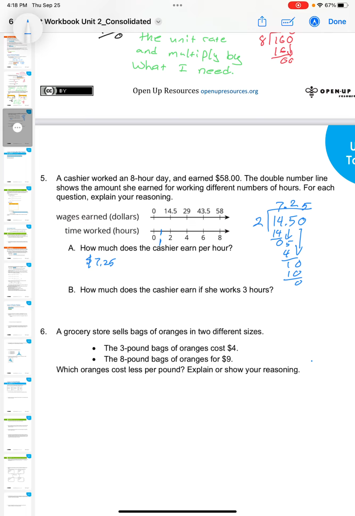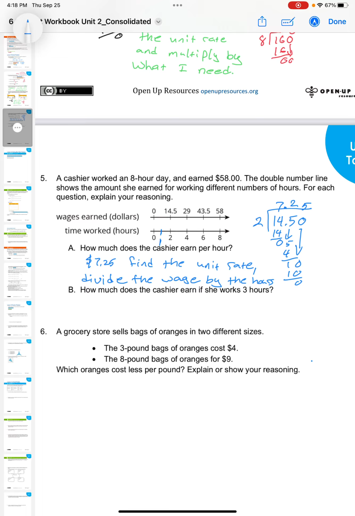And we could have done that with any of these. Find the unit rate. Divide the wage by the hours.